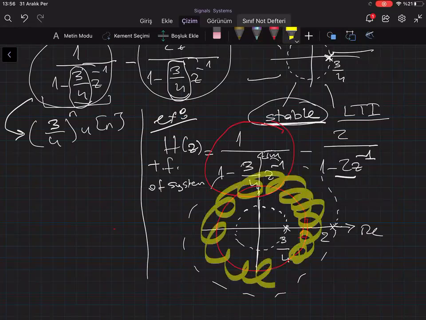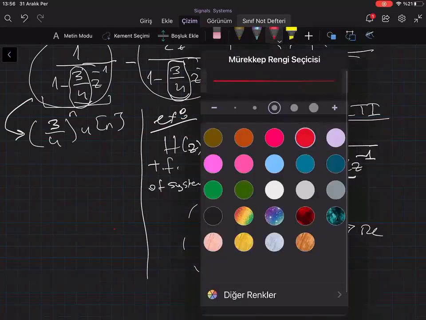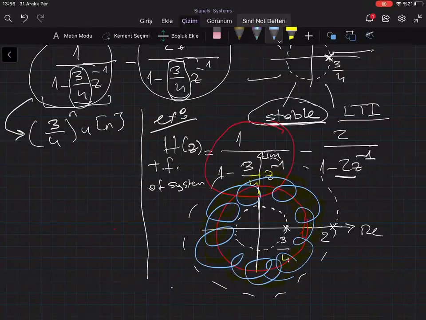If I want my ROC to be here, let me shade it like that, to include the unit circle, this part should be left-sided.